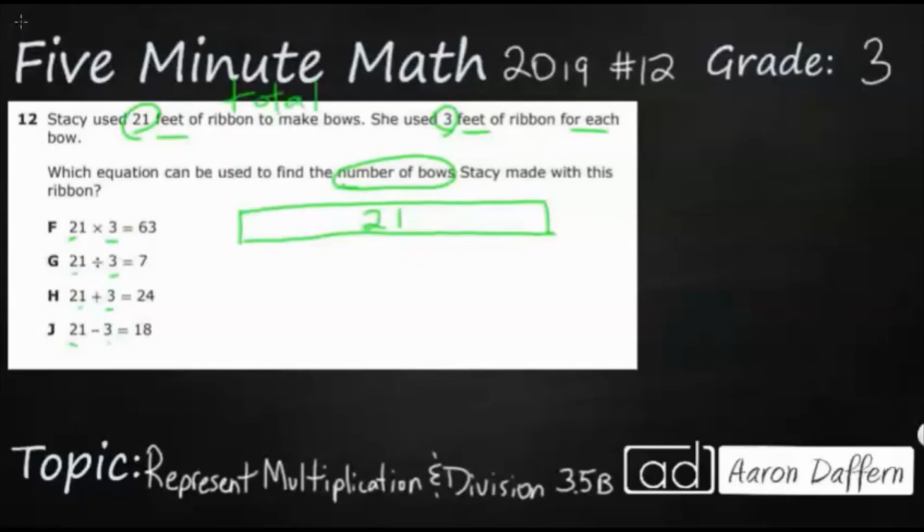Whenever we get our total, whether it be addition, subtraction, multiplication, or division, we're going to put it up on top of the big box there. And then she used 3 feet of ribbon for each bow, and we need to know how many bows we can make. So we're going to take sets of 3, and then we're going to try to figure out how many bows she can make. How many sets of 3 can she get out of there?